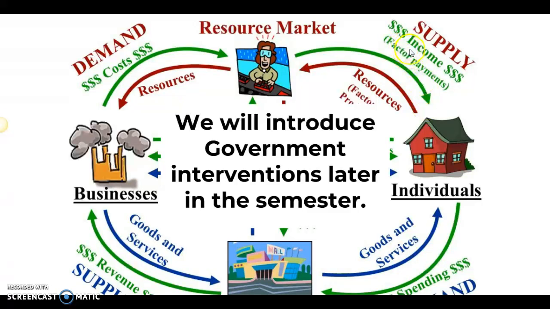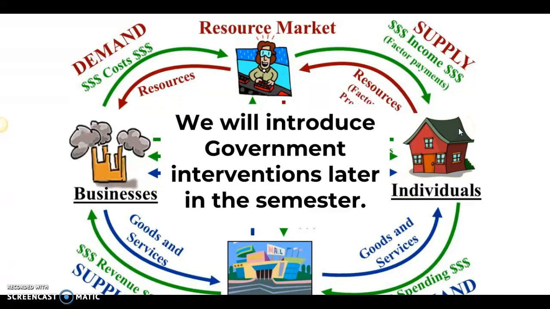In return, households and individuals receive income. Now that can be wages, that could be rent, right? That can be also interest. We use that money to spend more, and the cycle continues.